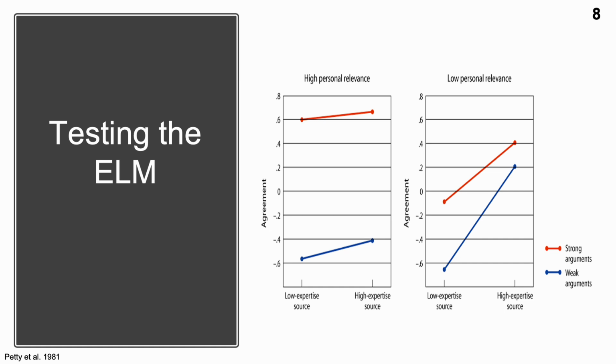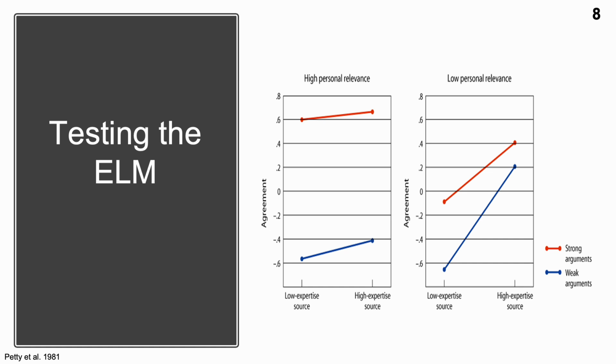So if it's high levels of personal relevance, we see a bigger jump in agreement when the spokesperson has a high level of expertise, but it's not statistically significant, meaning it's there, but we don't know if that's actually what happens, right?